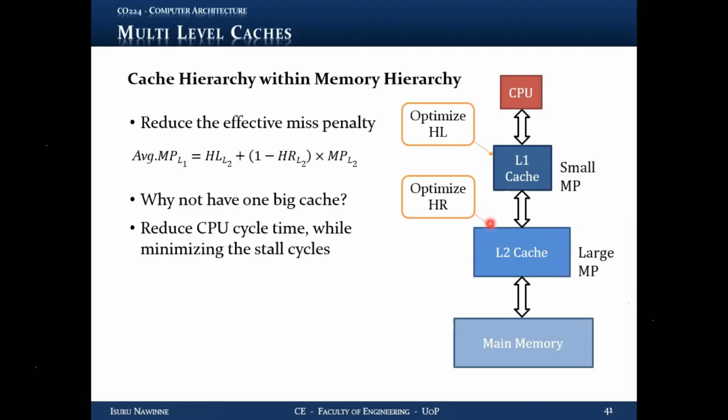So the majority of the misses from the top level are served here at a really low miss penalty. Only a very few accesses which miss in the top level as well as the next level have to go to the main memory and experience the bigger 100 cycle type delay. The larger delay is experienced by only a very small fraction, right?